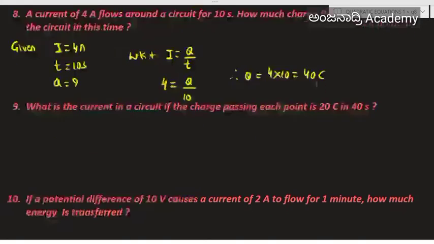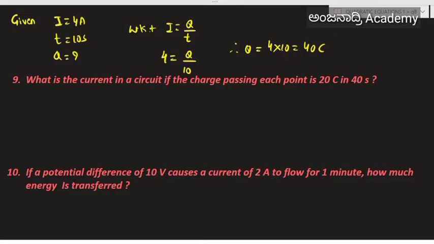Let us move to the next question now. What is the current in a circuit if the charge passing each point is 20 coulomb? We have to find I is equal to question mark. Charge is given, that is Q is equal to 20 coulomb, and time period is 40 seconds.